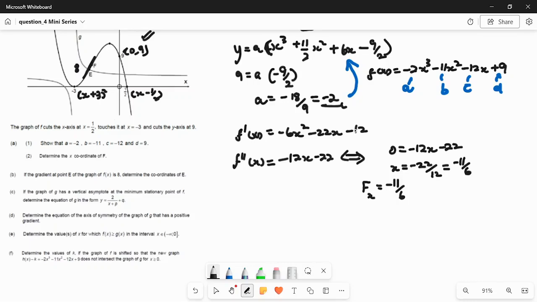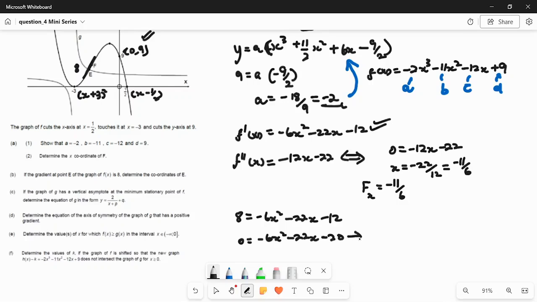So the first derivative, we have it already, so I'll just go ahead and equate that to a positive 8. So 8 is equal to negative 6x squared minus 22x minus 12. And then I'll transpose 8 to the other side: minus 22x minus 12 minus 8, that's a minus 20.